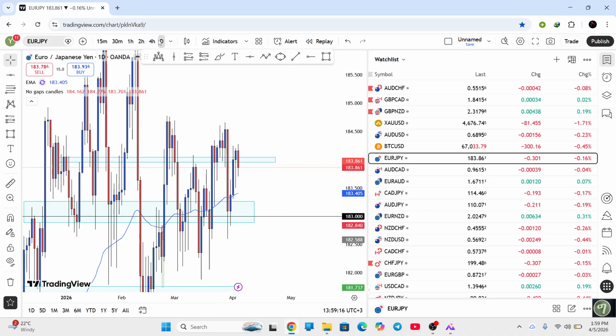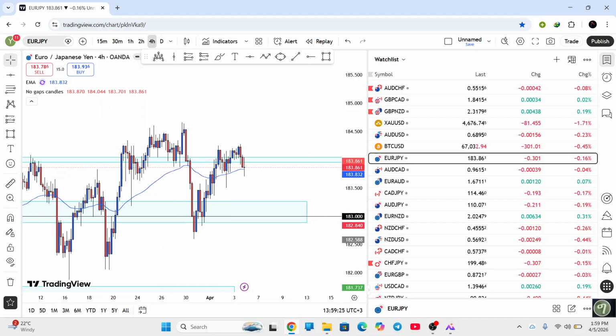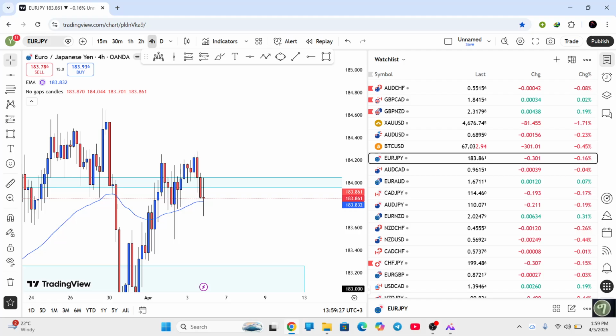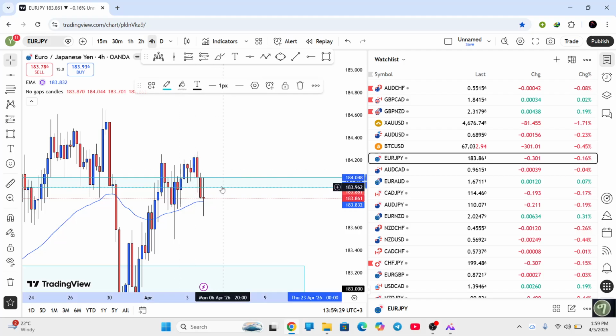Okay, let's go to the 4 hour. We have 2 body touches and some kind of weak rejection. Not that strong, but it's clean. Yeah, it is clean. Can we have a little bit of something like this? Would be very perfect.